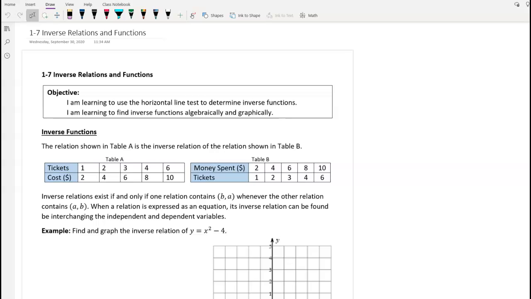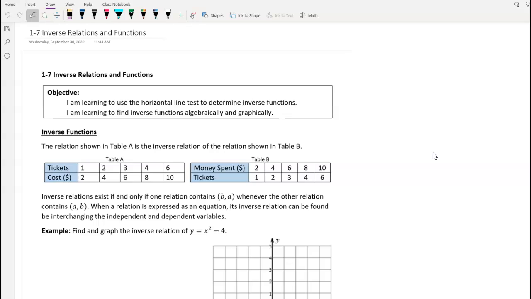First, we have an example of a relation shown in both Table A and Table B. Do you notice anything between Table A and Table B? Well, if you said that your tables are actually just flip-flops of each other, or inverses, you'd be absolutely correct.